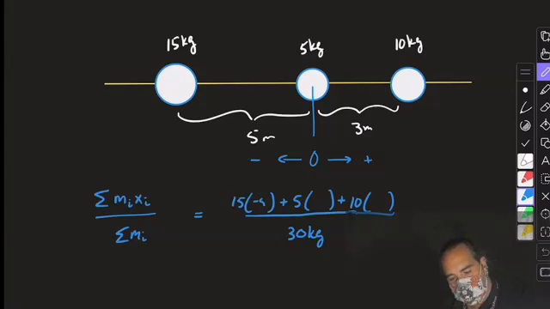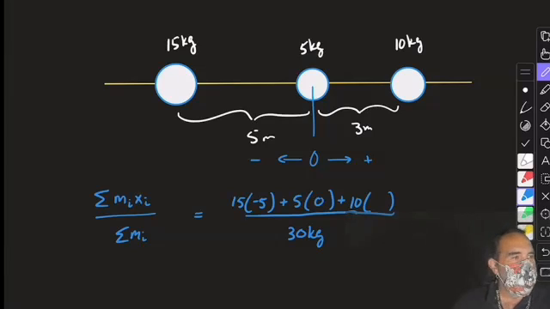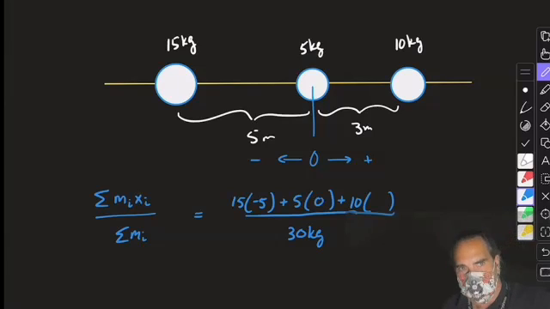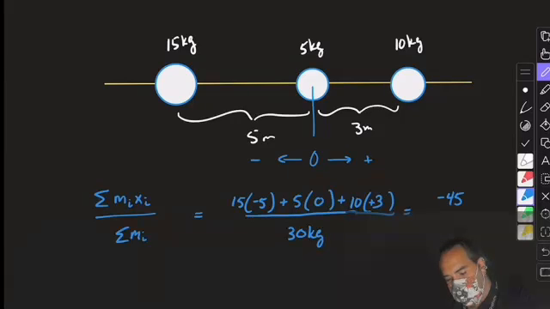So I'm going to put -5 here. The 5 kilogram mass is at the reference, so 0. And now you see why it's nice to put the reference point on one of the objects, because you zero it out. And the 10 kilogram mass is 3 meters away, and it's on the right, so it's positive. 15 times 5, 75. 10 times 3, 30. So this is going to be, what, -45 over 30?